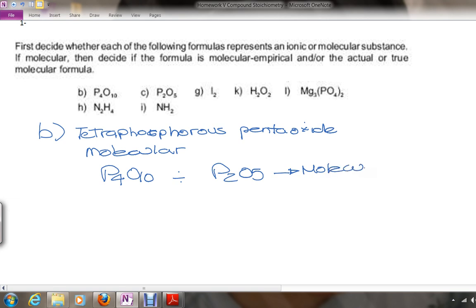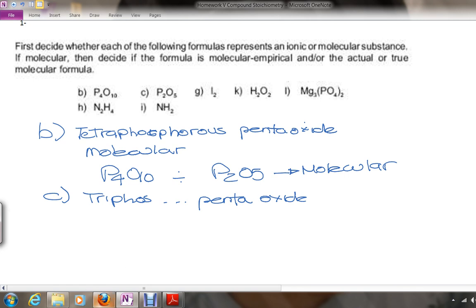On the letter C, we got triphosphorus pentaoxide. Remember, it's molecular, and it's one word here. So, is it empirical or molecular? We can't divide it.